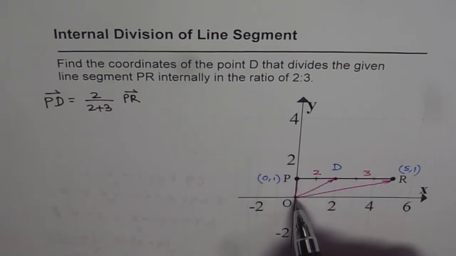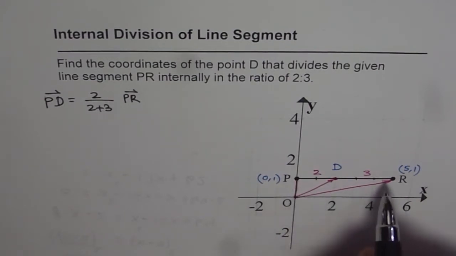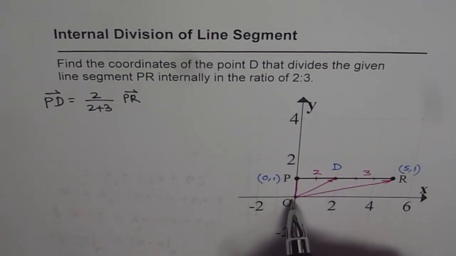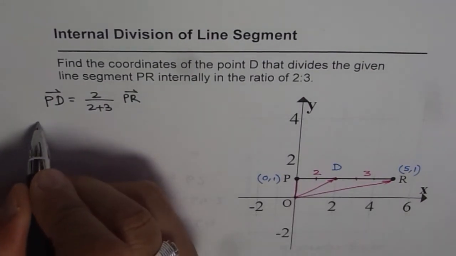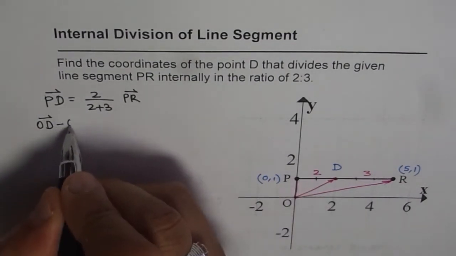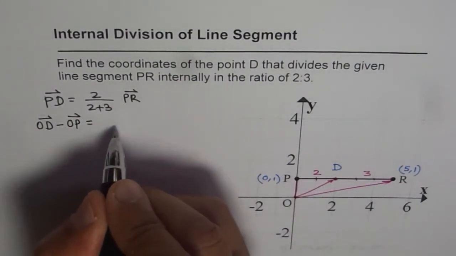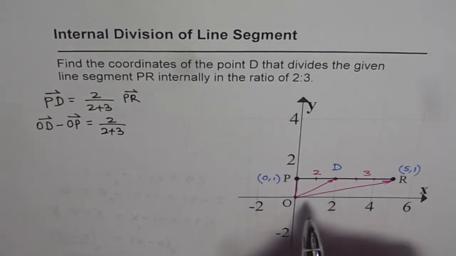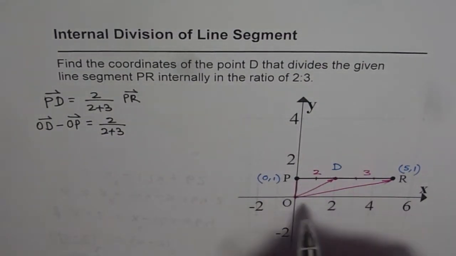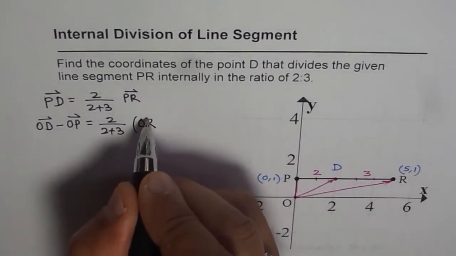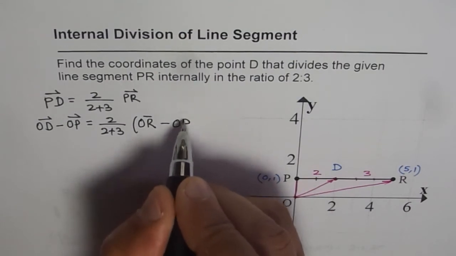We need the relation between OD, OP and OR. So PD can be written as OD minus OP. So let's do that. OD minus OP equals 2 over, let me write 2 plus 3 still, PR will be OR minus OP. So OR minus OP.